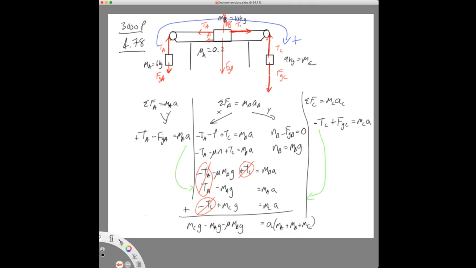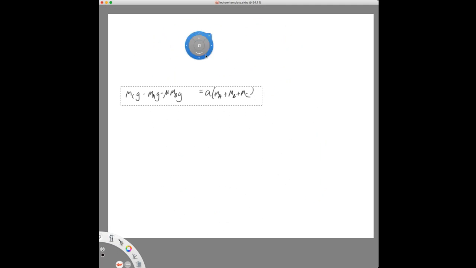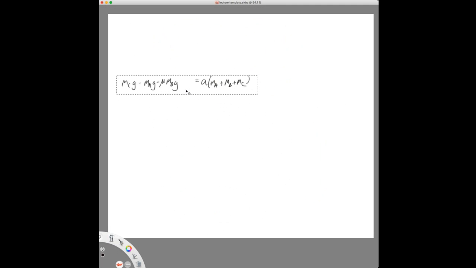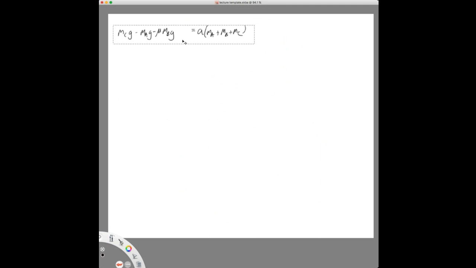And then we can just solve for a. Okay, so a is going to be, let's factor out a g from the left-hand side.